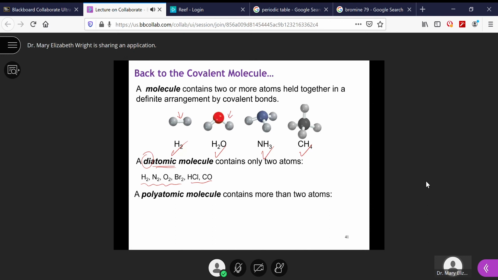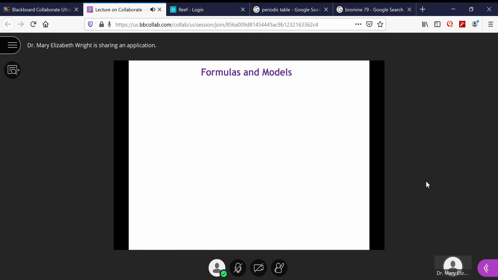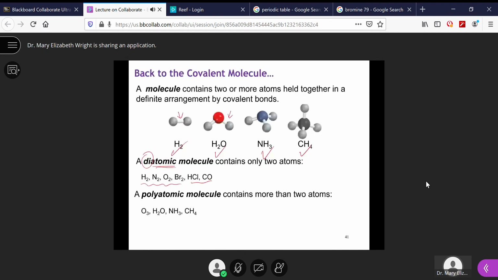A polyatomic molecule, not an ion, contains more than 2 atoms. Things like O3, ozone, H2O, water, NH3, ammonia, CH4, methane. We have examples of both diatomic molecules and polyatomics up here. Here we only have 1 diatomic, H2, and the rest are polyatomic.